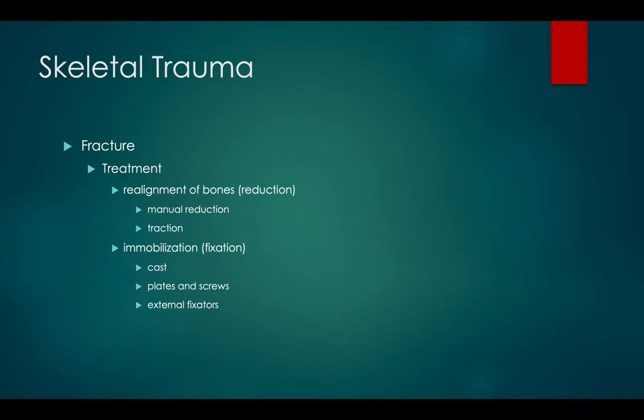So once you have a good realignment of the bone, or reduction is what people commonly refer to that as, you want to do what we call immobilization or fixation, which is where you take the two pieces of the fractured bone that are put back into alignment, and you keep those bones in alignment so that they can heal naturally.